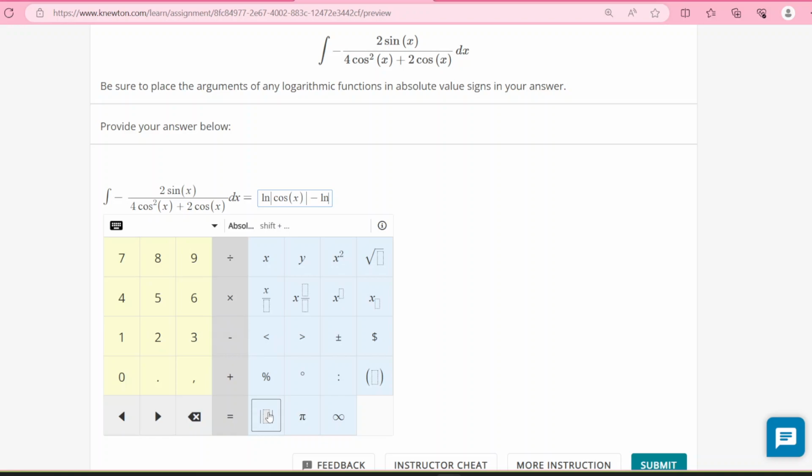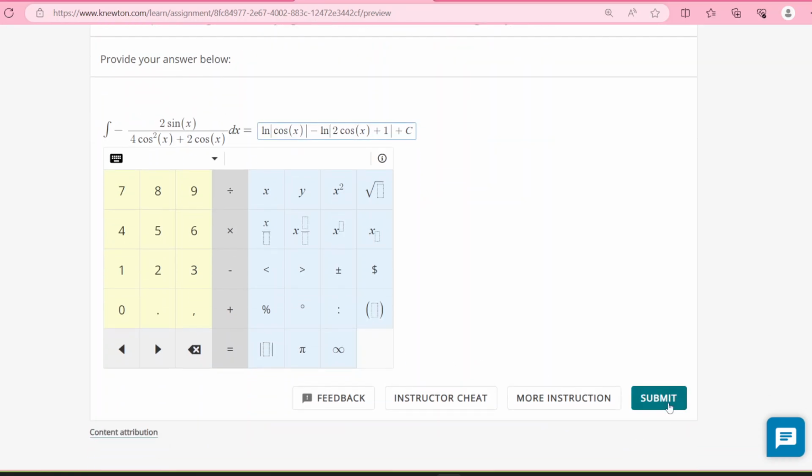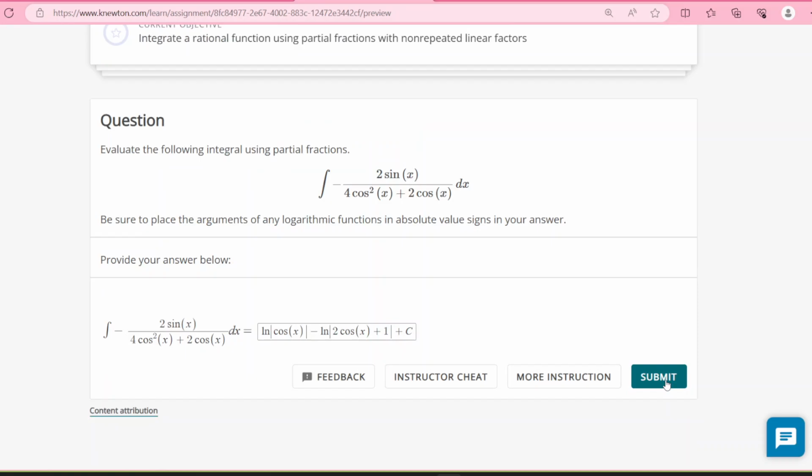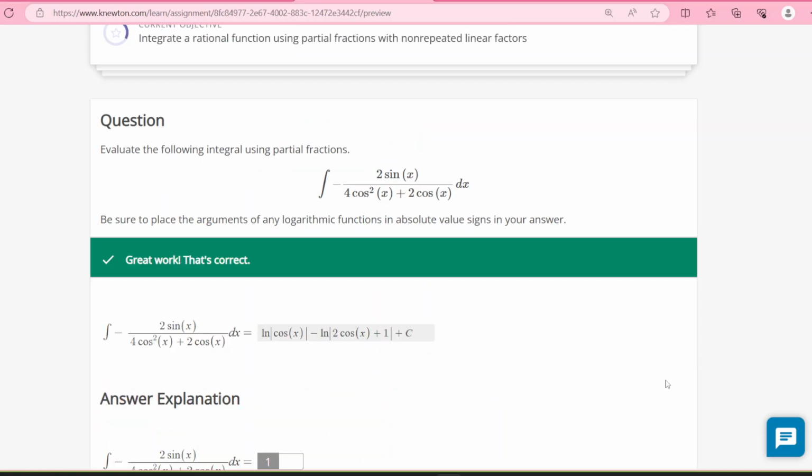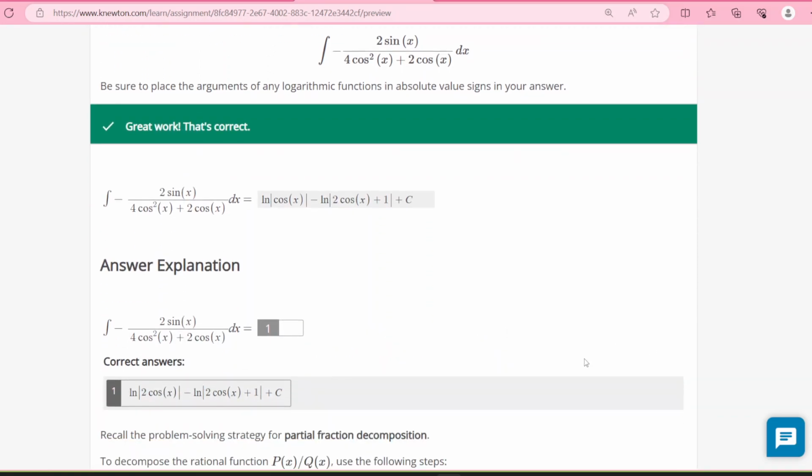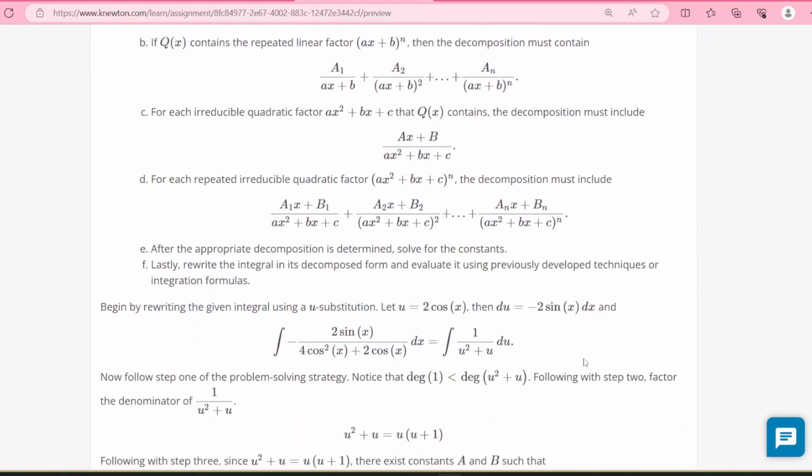Next, minus the natural log of the absolute value of 2 cosine of x plus 1 all inside the absolute value there, and then plus any constant, and we should be good. Wonderful. Okay. All right, so moving on here.